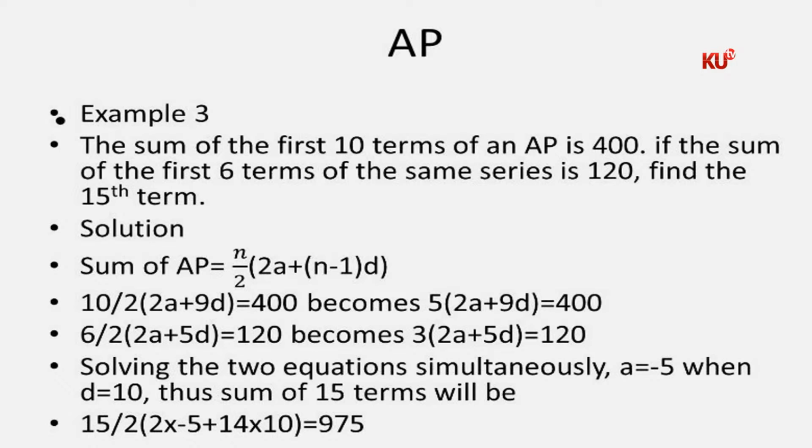If the sum of the first 6 terms of the same series is 120, what does the examiner want? He says we are told to find the 15th term. Find the 15th term.